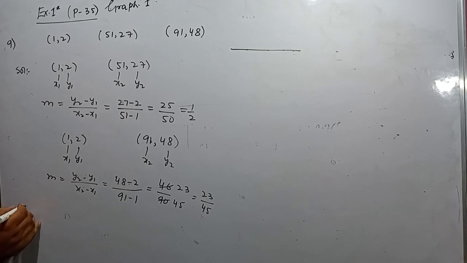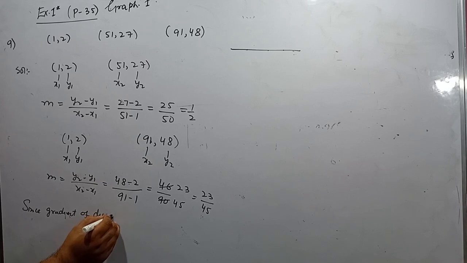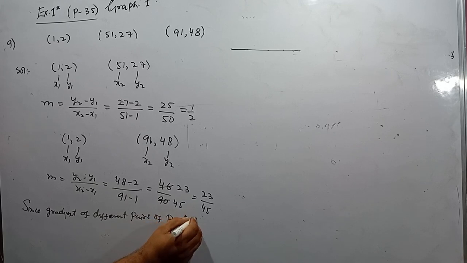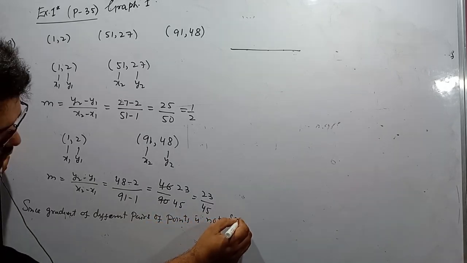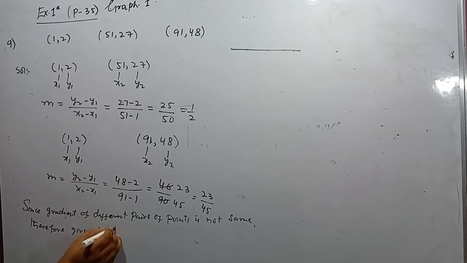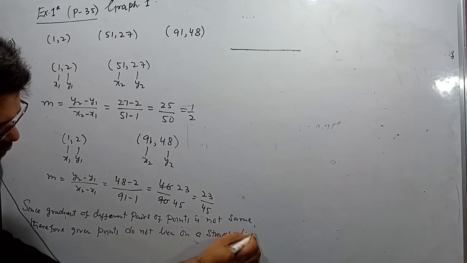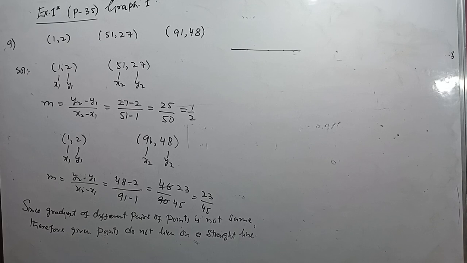I can write, since gradient of different pairs of points is not same, therefore given points do not lie on a straight line. That is the answer of the question number 9.